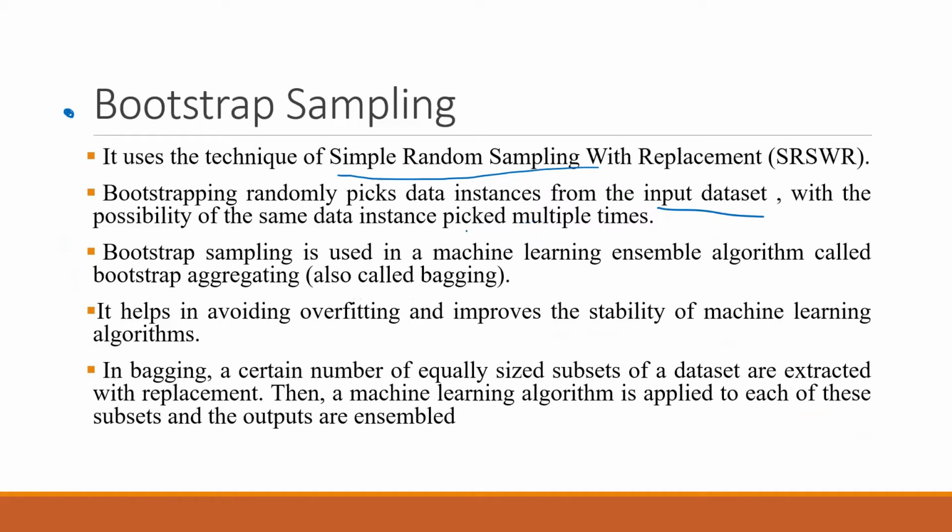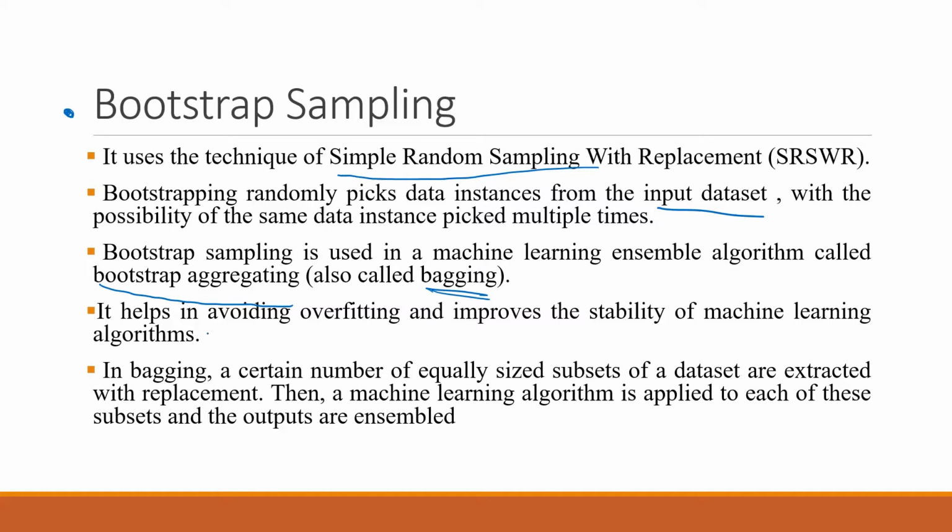But bootstrap sampling is used in machine learning in an ensemble algorithm. This technique is called bagging. The other name is bootstrap aggregating. In simple words, we are trying to do the voting out of it in case of classification, and we are trying to do the average in case of regression.